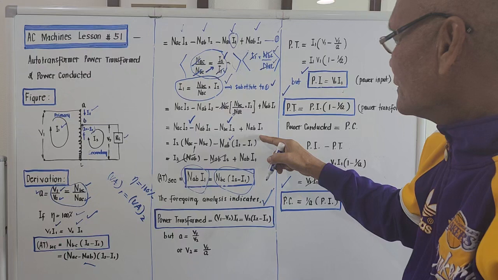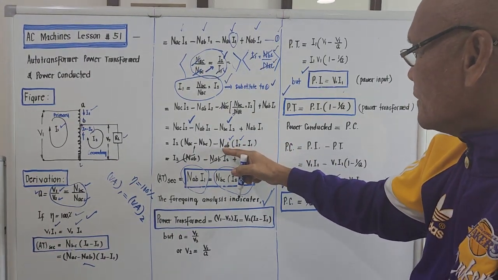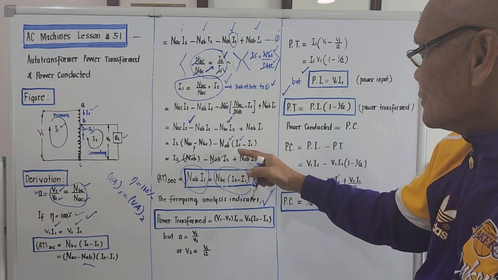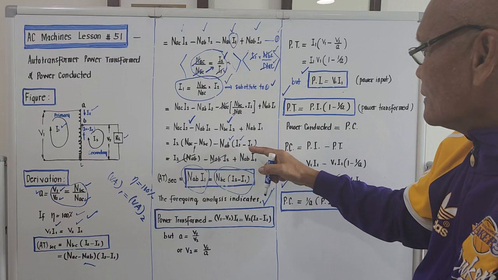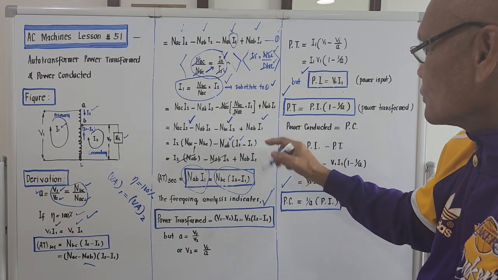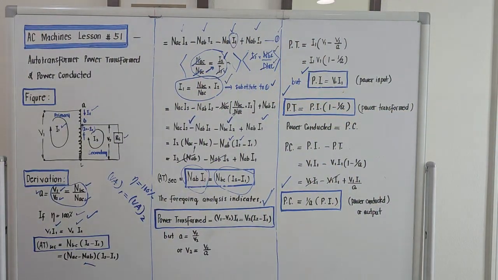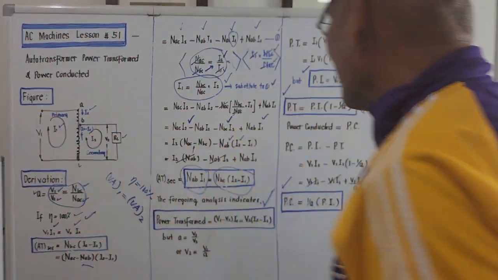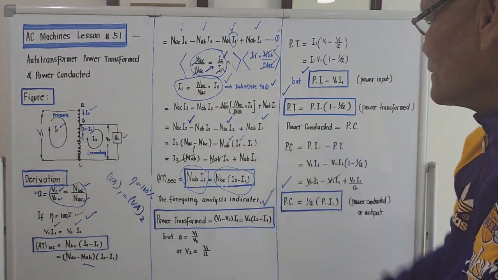The first one should be plus, because the product of minus NAB times I2 is this one, so the first one should be I sub 2. And the product of minus NAB times minus I sub 1 is this one, so the inside will be minus I sub 1. I just combined this one here, the common term is NAB.